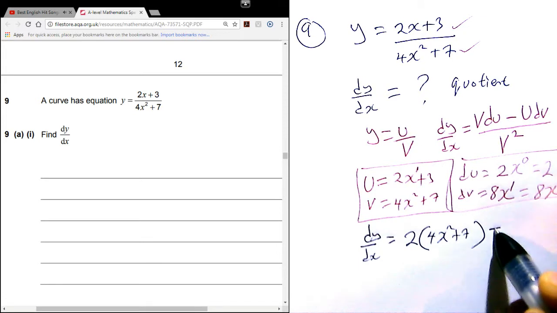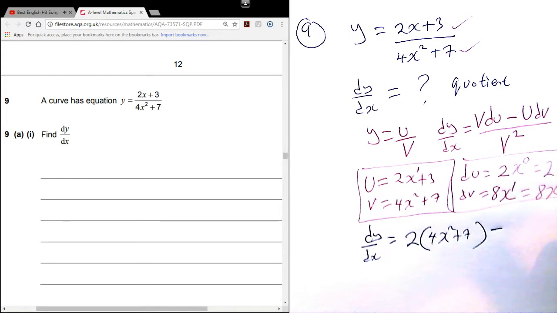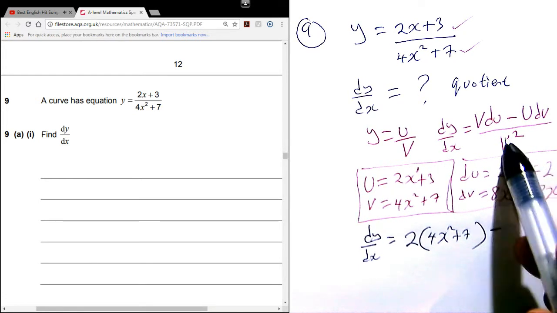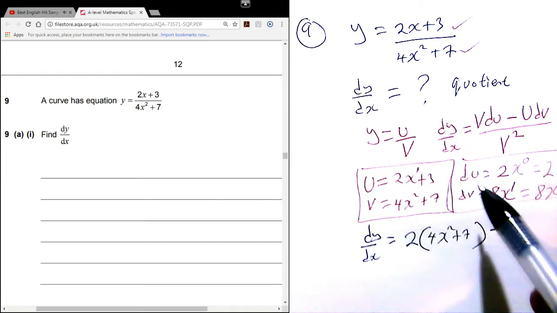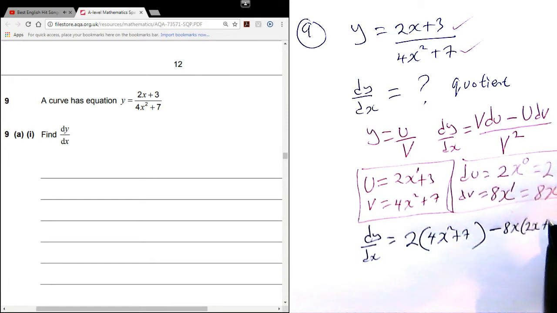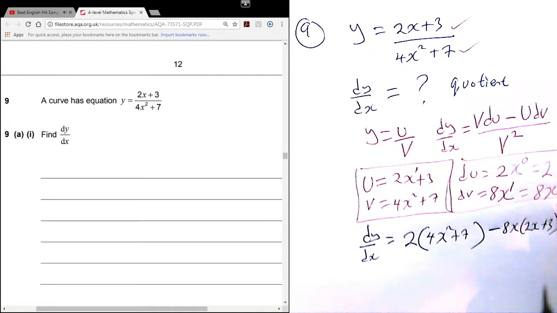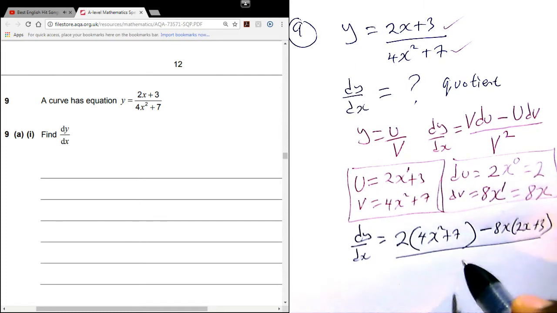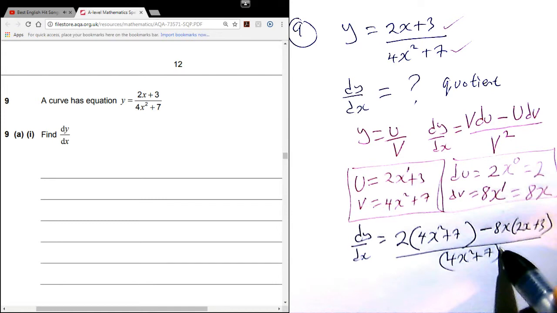And then you have a subtraction sign there, and you're to do v du minus u dv. So u dv is going to be 8x into bracket u, which is 2x plus 3. And we divide all of this now by v squared, which is 4x squared plus 7 all squared.